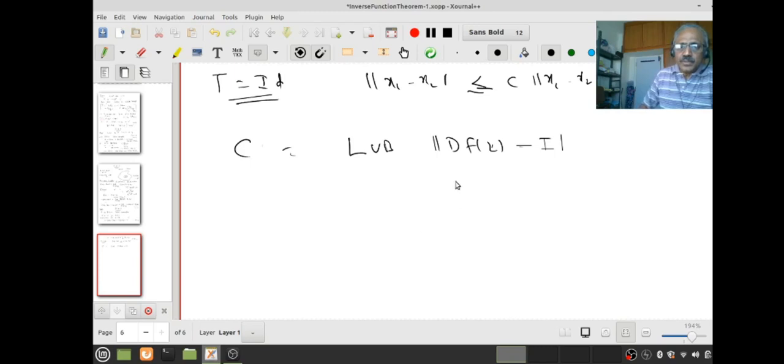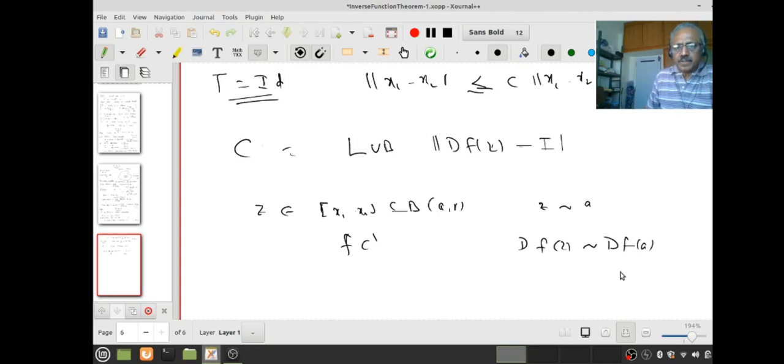Now what do I know is Df(z). Remember, where is z? My z is in the segment x1, x2. Where is that? That is contained in B_R, right? Therefore my z will be close to a. You follow that? So I want to say Df(z), because f is C1, Df(z) will be close to Df(a), right?